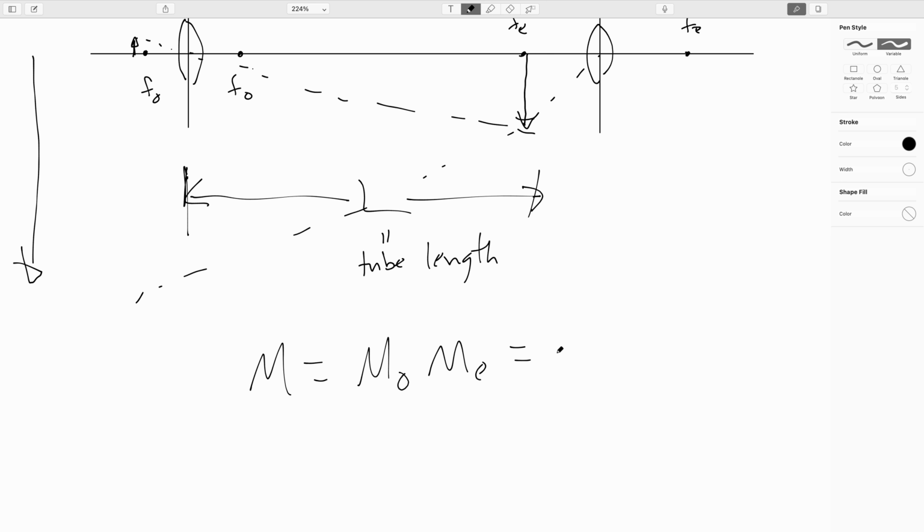For the objective, we notice it'll be upside down, and our angular magnification is going to be h prime over L, and h over L. Cancel it out, you get L over the focal length of the objective. And then this is just our simple magnifier, so 25 centimeters over the focal length of the eyepiece. So you'll create a virtual image out at infinity, again, to make it easy for you to view. And it will be inverted.